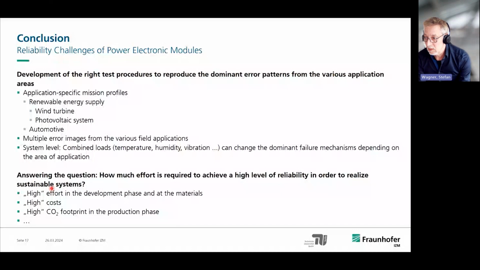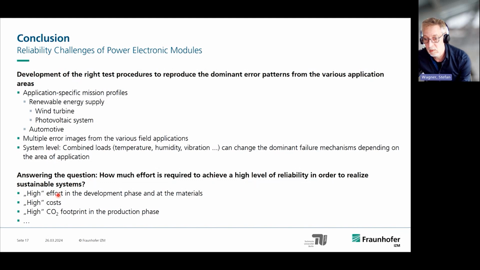And the dominant failure mechanism can change depending on the area of application. The biggest challenge is answering the question, how much effort is required to achieve a high level of reliability in order to realize sustainable systems?